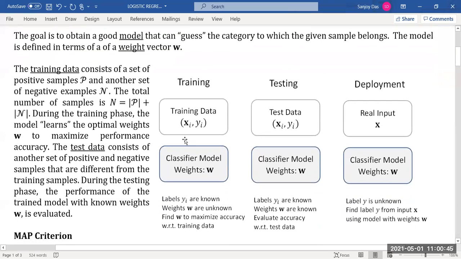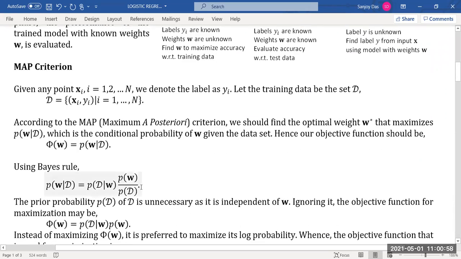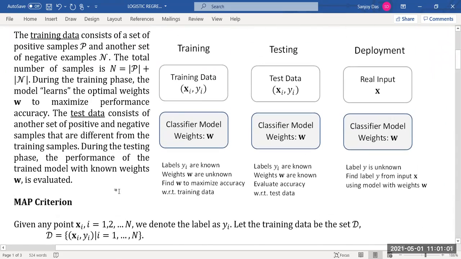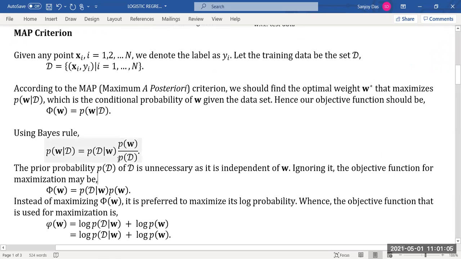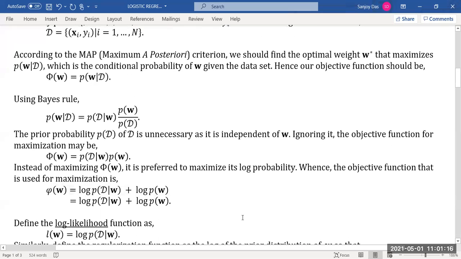What's the probability that the patients of the doctor in the past 5 years were this training data? Well, we don't need it because we don't use it. It's independent of W. This is actual real data, and the yi's are the actual values, right? So we can ignore this denominator P of D. Hence our objective function can be simply P of D given W times P of W.